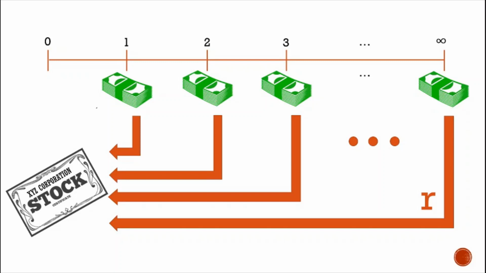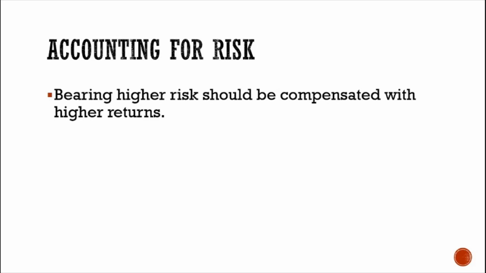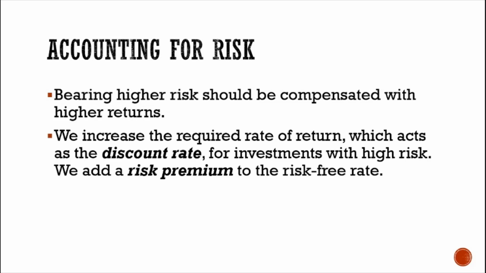Now, we know that the presence of risk can decrease the value of an asset. So, how do we account for such risk? We know that bearing higher risk should be compensated with higher returns. Thus, we say the higher the risk, the higher the return it requires.